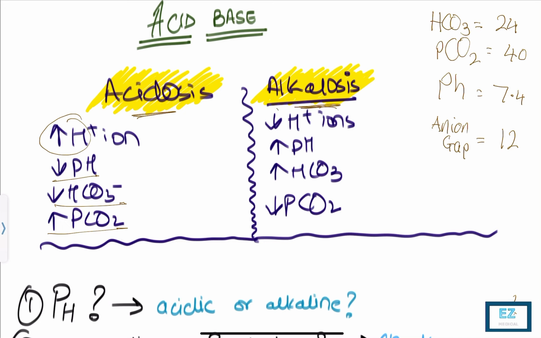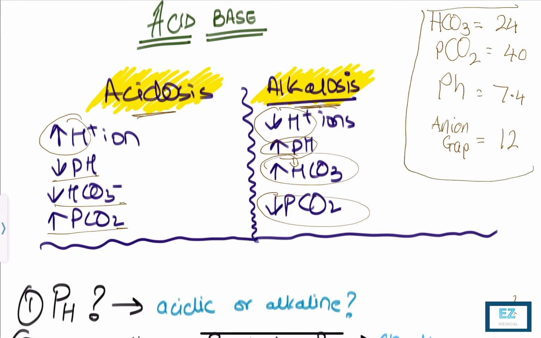So we have a fall in the H plus ions. Our pH will be higher. As a result, the bicarb will be higher and our CO2 will be lower. So now keeping these numbers in mind, you have to think about the various variations that you have.